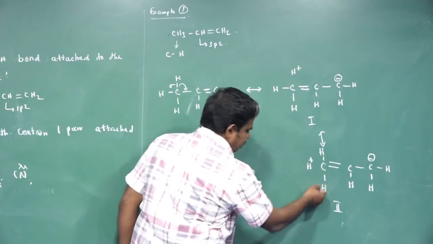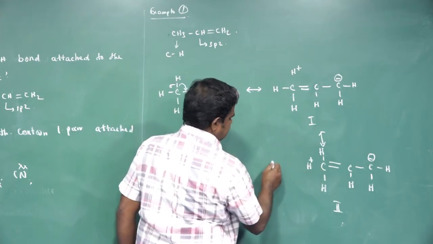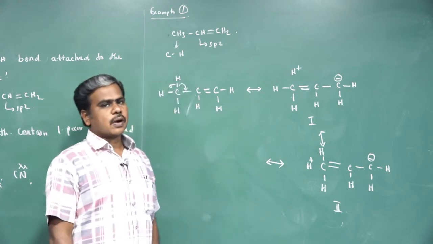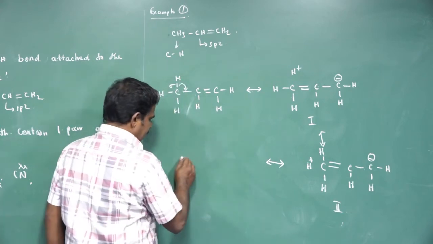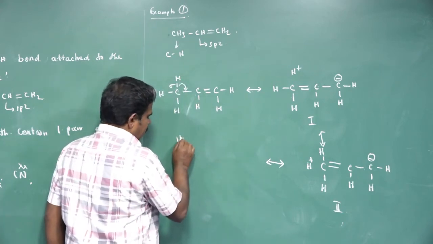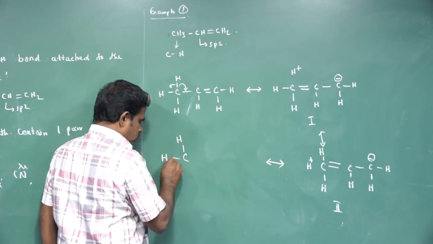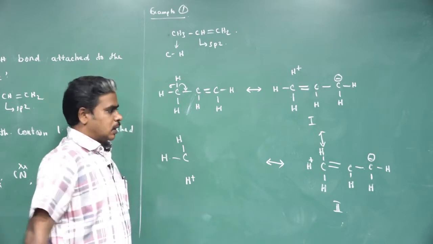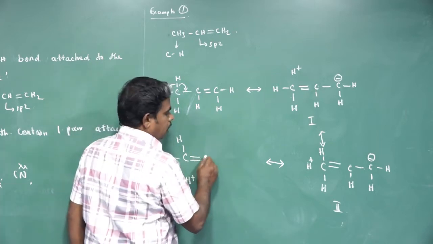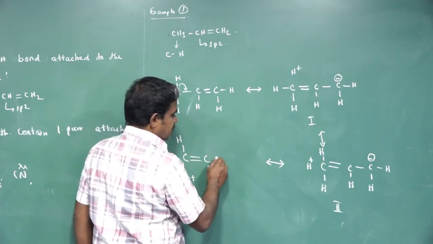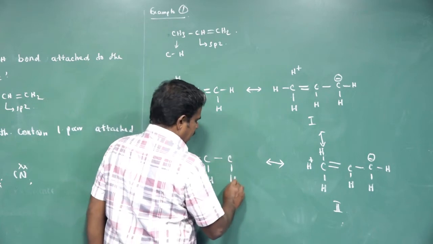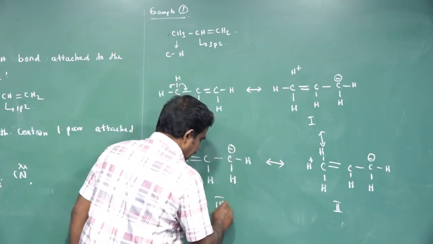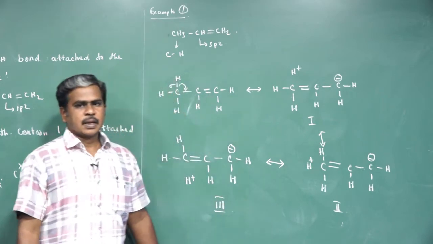Now, why not this bond? This CH bond also gets a resonating structure. So we are getting carbon bonded with hydrogen, here also bonded with hydrogen, and it is no bond. Now here there is a bond, and carbon, hydrogen, and C, H, and H getting the negative. So it is the third canonical form.